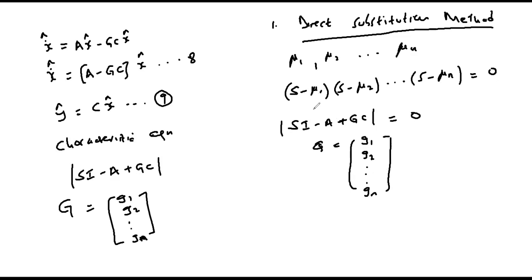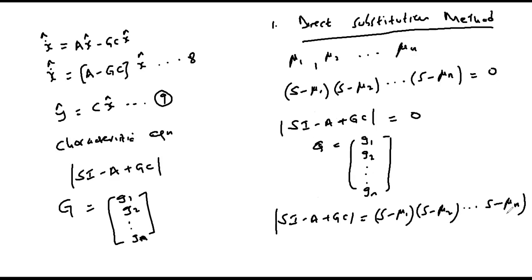By equating the two, we can solve for G: the determinant of SI minus A plus GC equals S minus mu1 into S minus mu2 all the way into S minus mu n. Through this, we can solve for the matrix G using the direct substitution method.